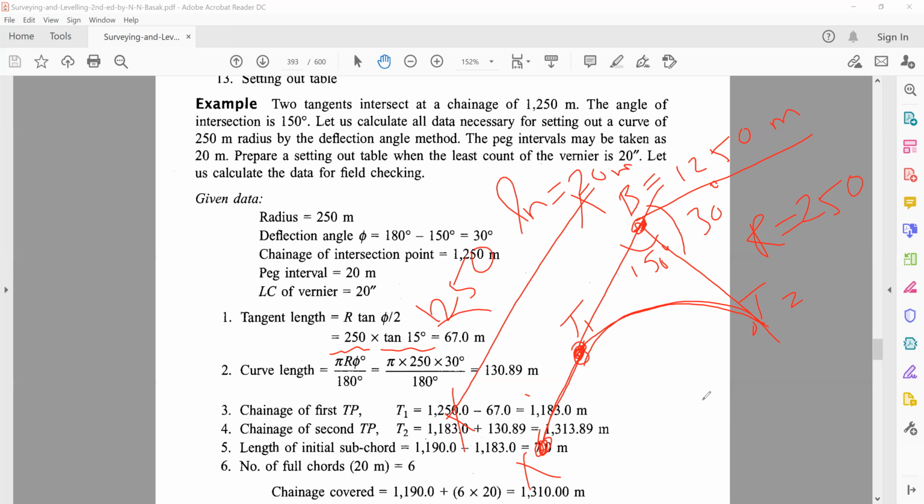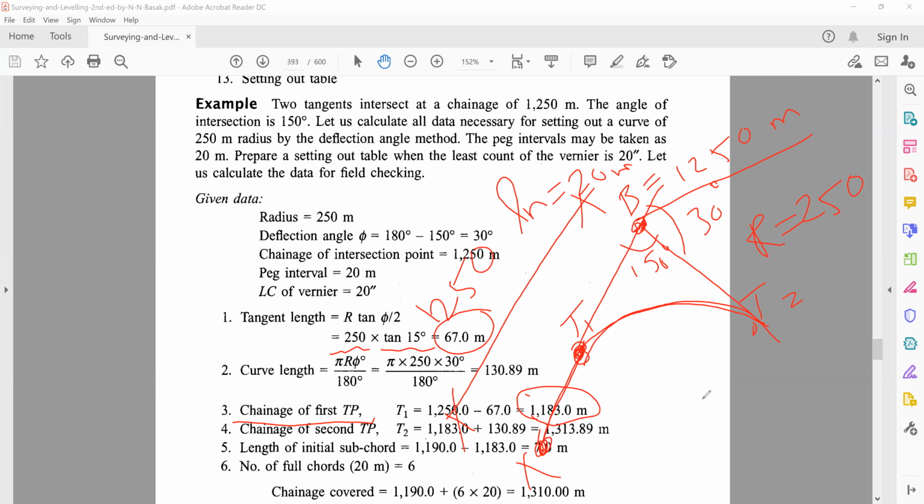So the tangent length becomes 67.5. If you subtract it from 1250, you get the chainage of the first tangent point T1, which is 1250 minus 67, so it becomes 1183.